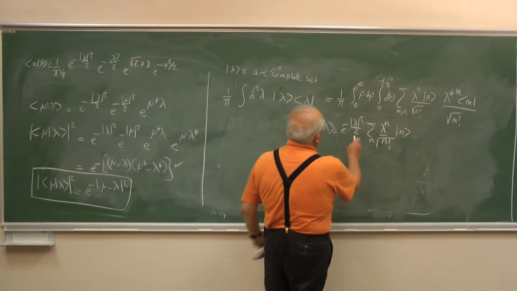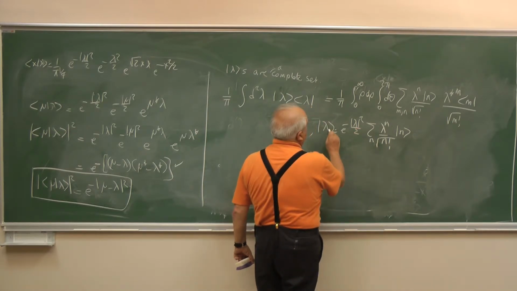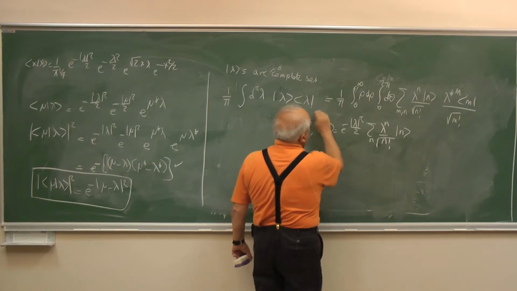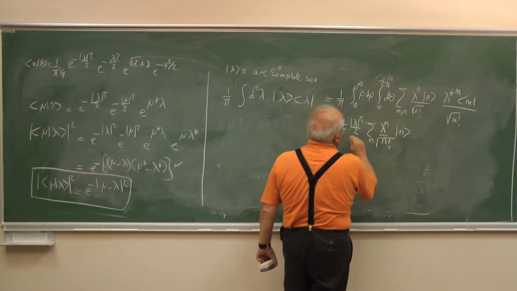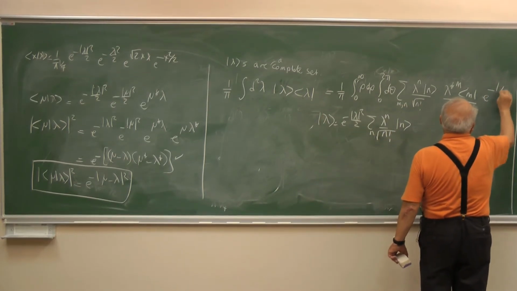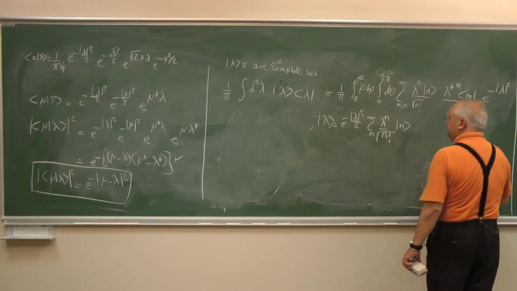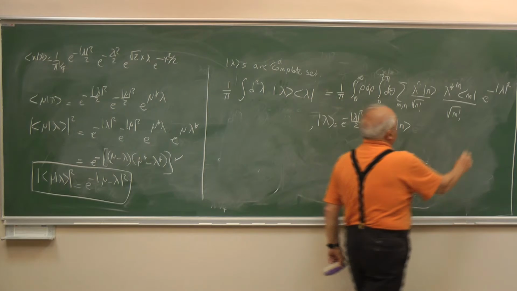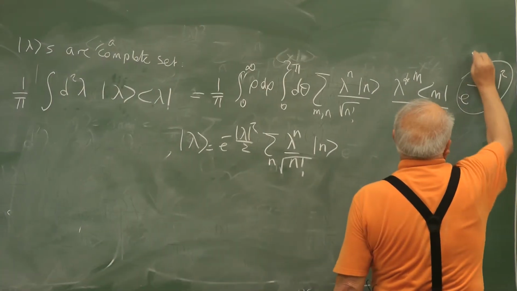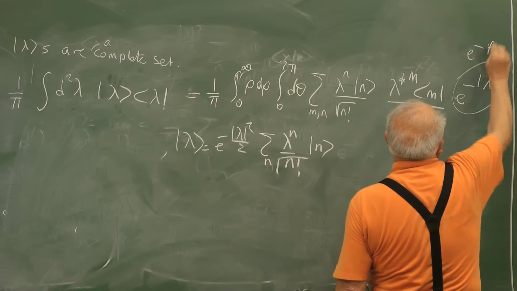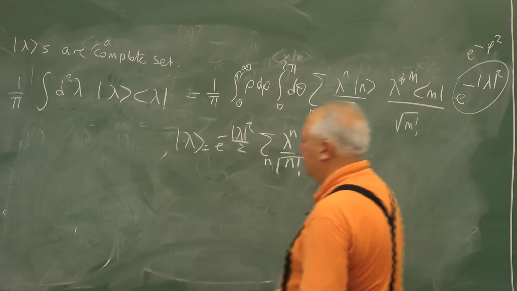All right, I have an e to the minus lambda square over 2 coming from this lambda and another one. And here we have a factor e to the minus lambda square. Because lambda magnitude is just rho, this is e to the minus rho square.